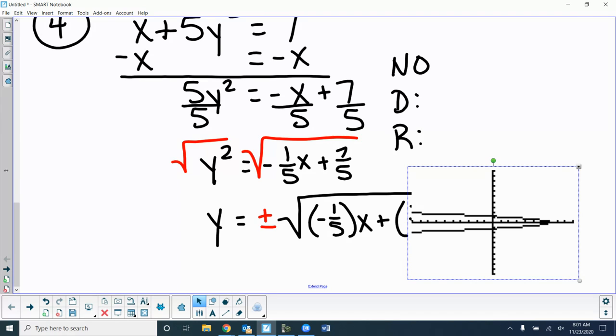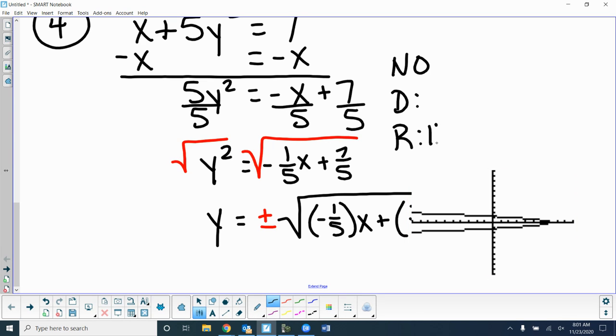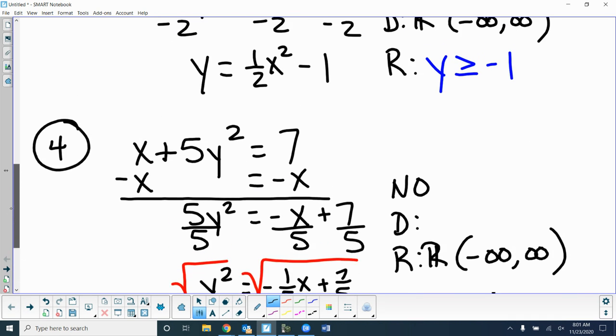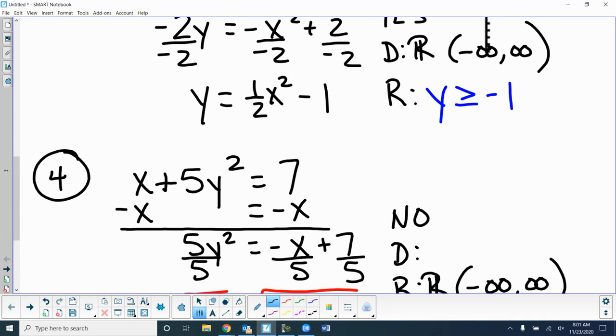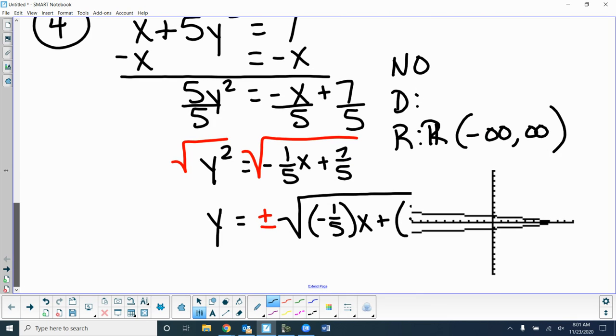So the range this time is all real numbers, okay? Or you can go negative infinity to infinity. Oh, the other one. I guess I could have done this too. For interval here, if you wanted to use the interval here, you go from -1 to infinity. So either way is fine with me.